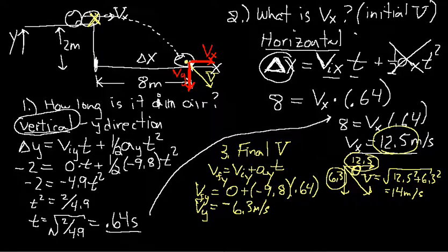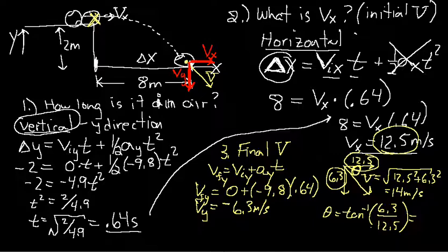Almost done. We just need this little angle over here. That little angle in there. Well, theta will be the inverse tangent of the opposite side, which is going to be the 6.3, over the adjacent side, which is 12.5. And if you do that on your calculator in degree mode, did I do that right? I guess I did that wrong in my notes here. So let me just redo it.